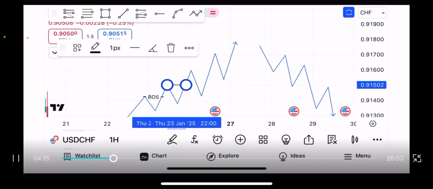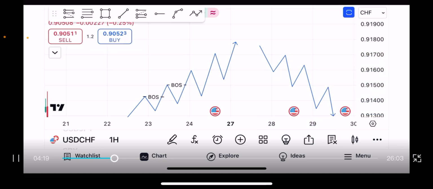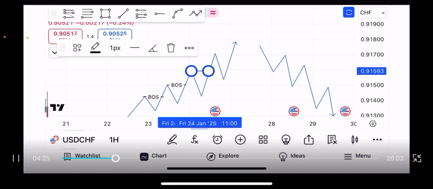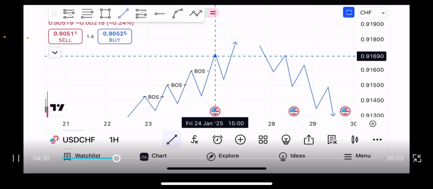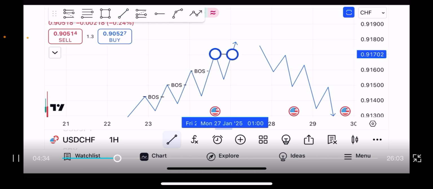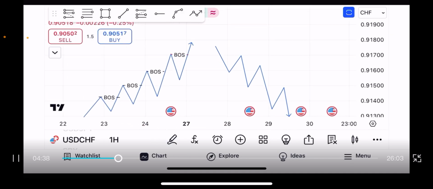So I want to keep on labeling that out. This here too is a break of structure. This here too is a break of structure. And the same thing goes for this other one too.